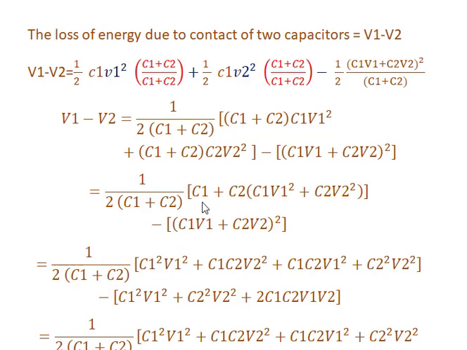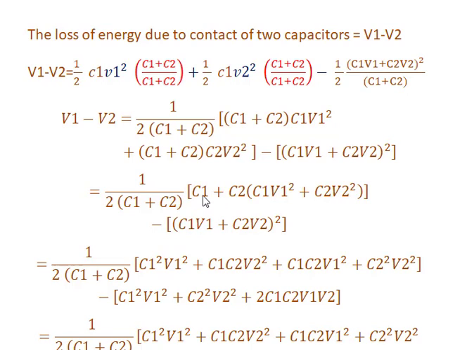This common term is taken out. It is 1 by 2 (C1 plus C2). So it is (C1 plus C2) into (C1 V1 square plus C2 V2 square) minus (C1 V1 plus C2 V2) whole square.